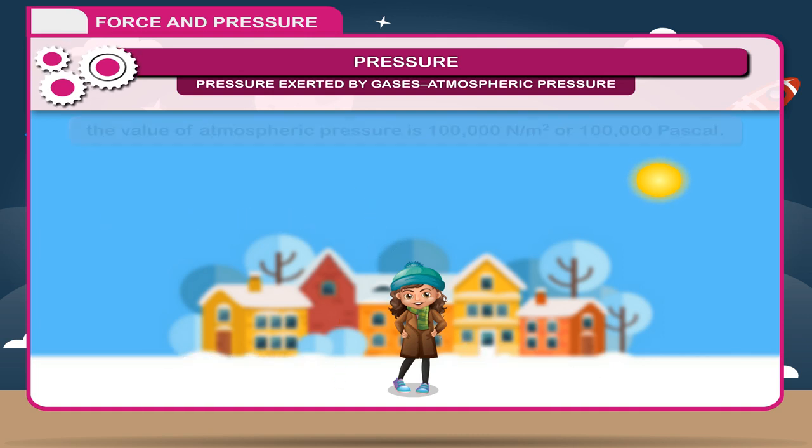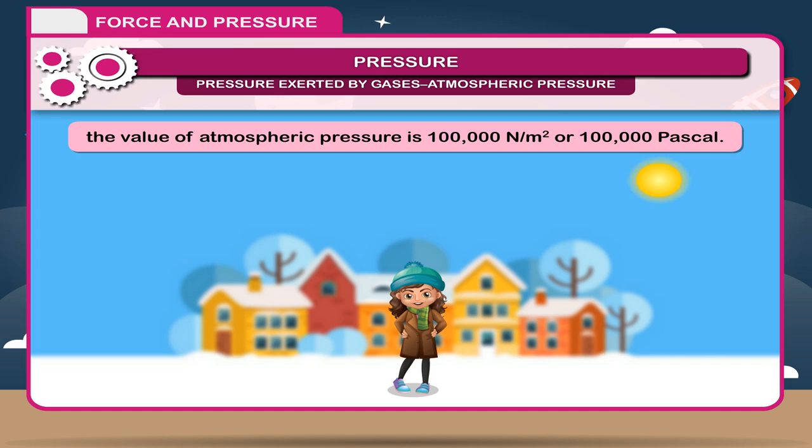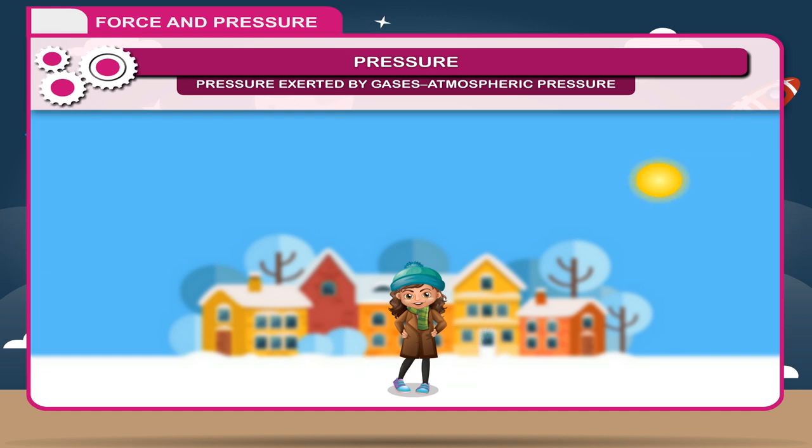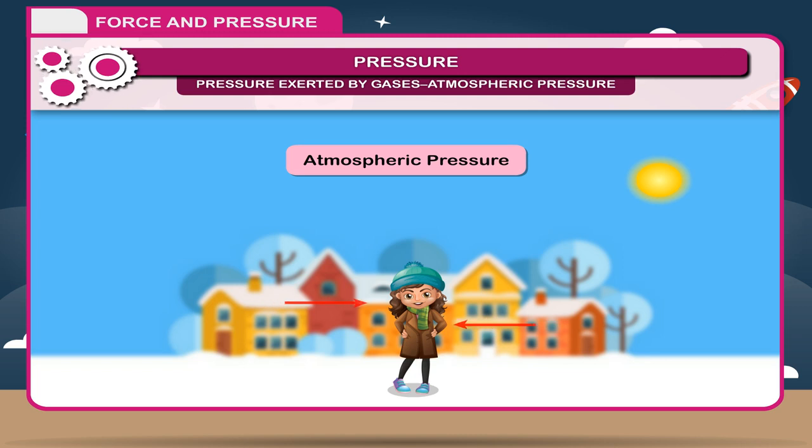In SI system, the value of atmospheric pressure is 1 lakh Newton per square meter or 1 lakh Pascal. This is a tremendous amount of pressure. Our blood pressure balances this high value of atmospheric pressure.